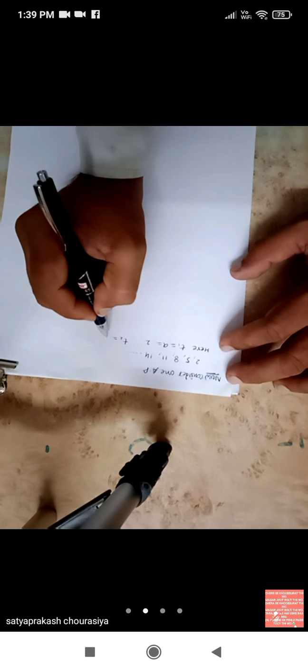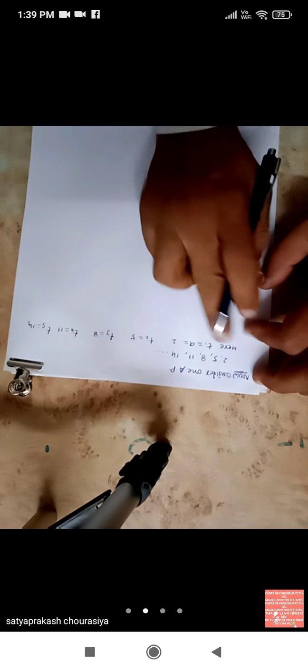Now here T1 is equal to a, which is equal to 2. T2 is equal to 5, T3 is equal to 8, T4 is equal to 11, and T5 is equal to 14.